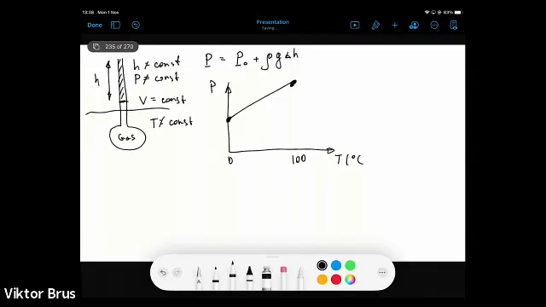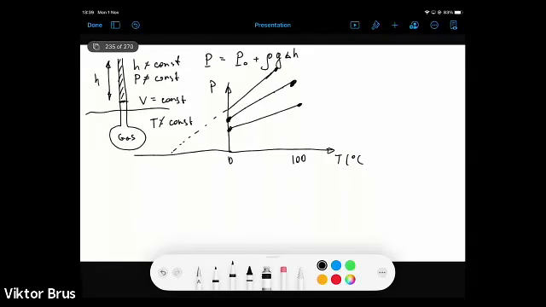So at every given pressure, we will know that it corresponds to a certain temperature. What is interesting with this system is that if, for instance, we use different gases, we will get different slopes. It all will be linear dependencies, but slopes will be different.